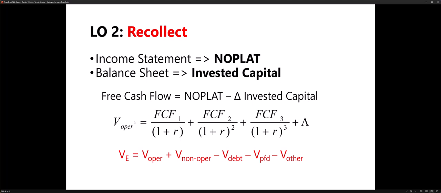Because this represents all the claims of the equity holders, your preferred shareholders, and your debt holders, etc., right? So we're going to adjust this number to isolate what should be left after that.